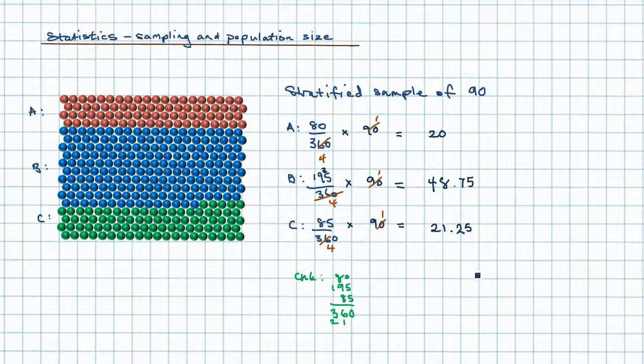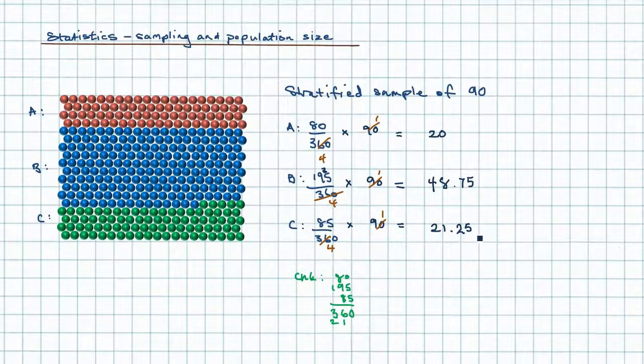Okay, now what we need to do is round a couple of these examples, because, of course, we're dealing with discrete data, whether it's lottery balls or the people in the sports centre, we can't have a fraction of a person or a fraction of a ball, so we do want whole numbers here. We just need to be a little careful when we're rounding. If, for example, I had 48.5 and 21.5, if I've rounded both of those up, which people tend to do, we're going to end up with too many balls.